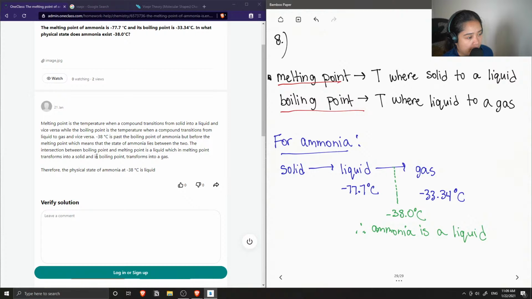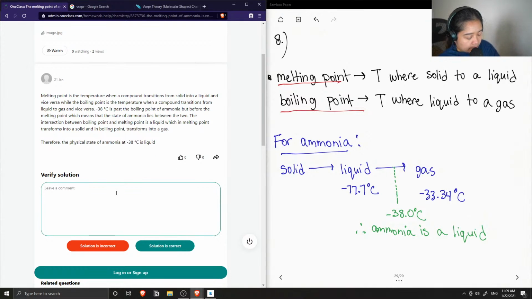Intersection between boiling point and melting point is a liquid, which in melting point transforms into a solid and in boiling point transforms into a gas. Therefore, the physical state of ammonia at negative 38 degrees is a liquid. Okay, so this solution is correct.